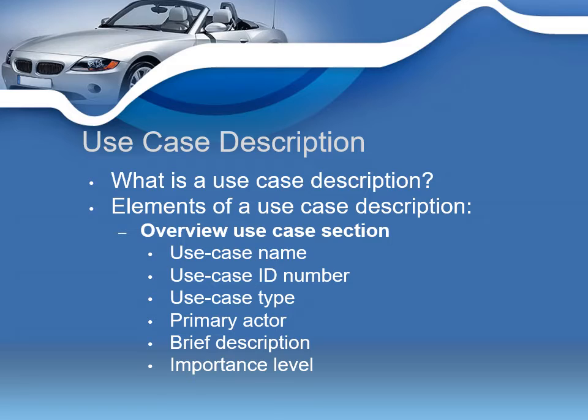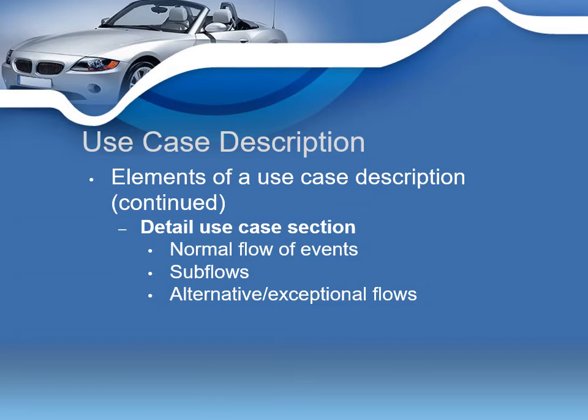The overview use case section consists of a use case name, a use case ID number, a use case type, primary actor, brief description, and an importance level. The detailed use case section describes the normal flow of events in detail and elaborates on any subflows or alternative flows.